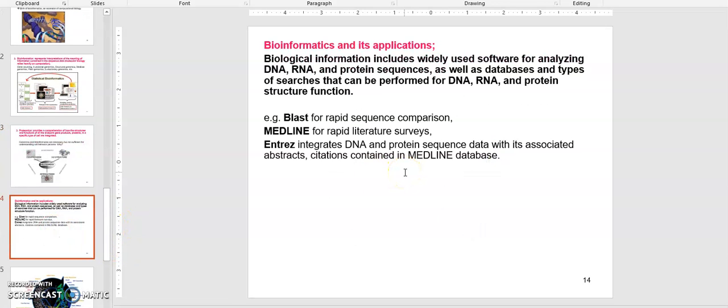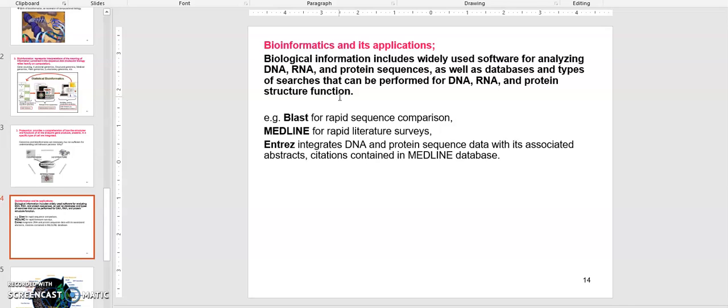And then bioinformatics and its application, of course, is very important. Bioinformatics includes widely used software for analyzing DNA, RNA, and protein sequences, as well as databases and the types of searches that can be performed on DNA, RNA, and protein structure and function. Types of searches meaning, if you are studying one gene or one protein, your question will be, can I find this gene in different organisms?